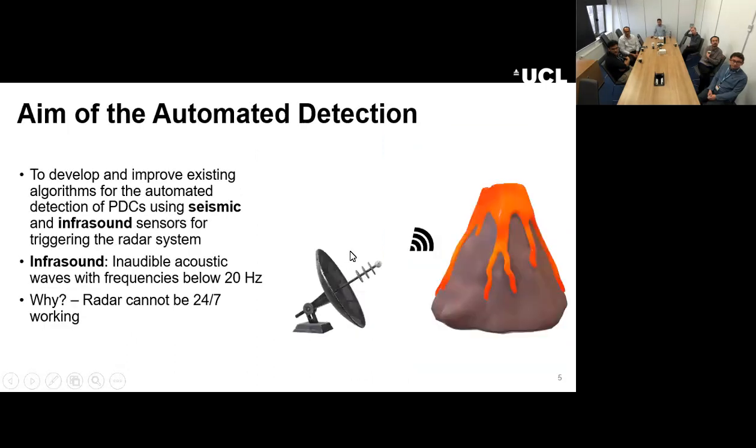The aim of this detection is that we are trying to develop and improve existing algorithms for the automated detection of PDCs using seismic and infrasound sensors. Infrasound here means inaudible acoustic waves below 20 hertz.